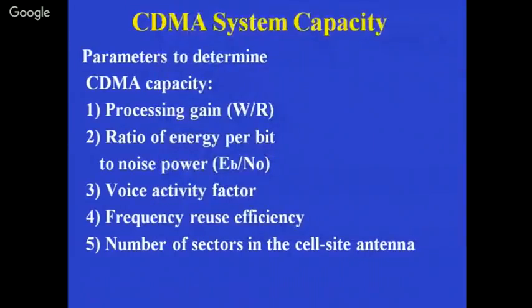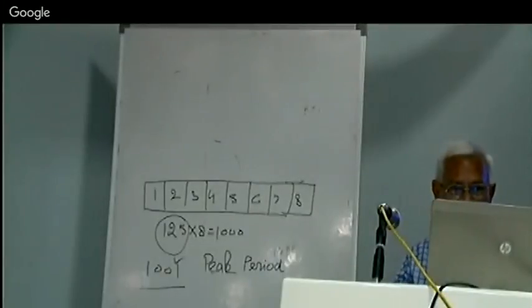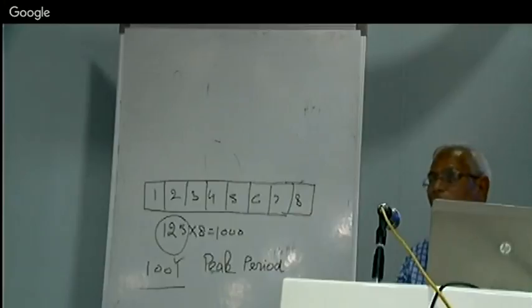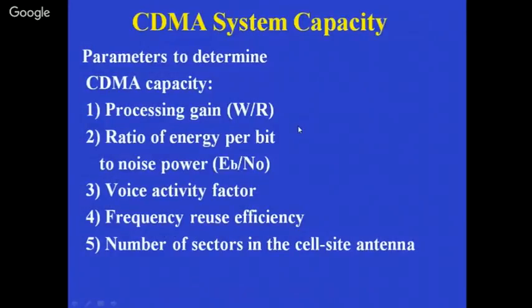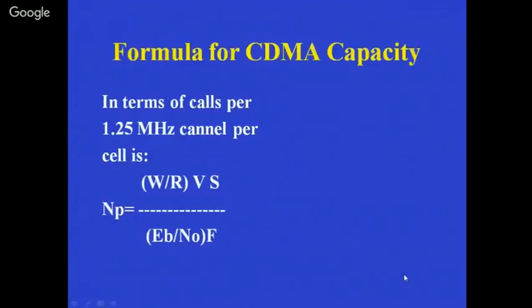Now see the capacity of CDMA. The capacity of CDMA is affected by the processing gain of the amplifier, the antenna gain and other things, the ratio of the energy per bit to noise, Eb/N0, the signal to noise ratio, which is a very important thing, the voice activity factor, which type of voice you are using, the frequency reuse efficiency, and the number of sectors in the cell.